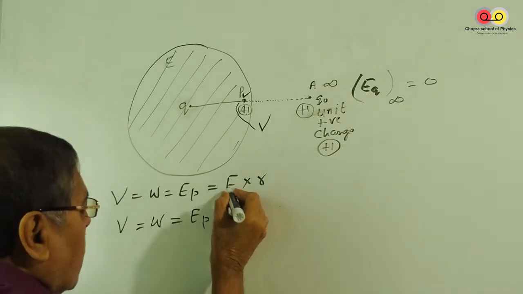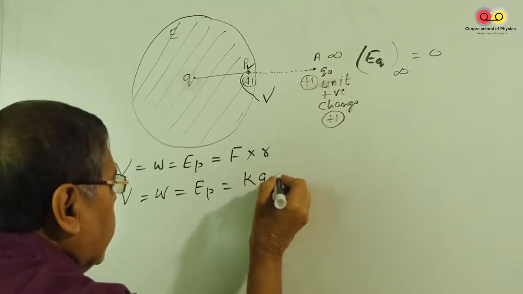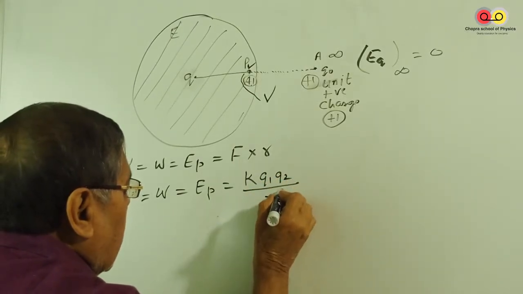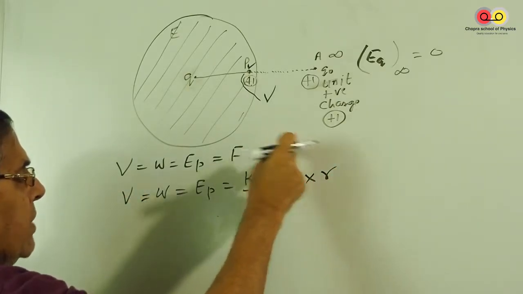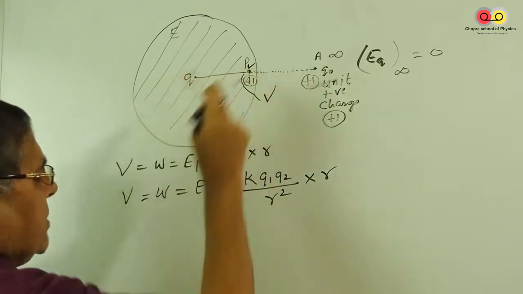This is equal to force, K Q1 Q2 divided by R squared, multiplied by R. Here R we have taken, and the force is the Coulomb force between the two charges.